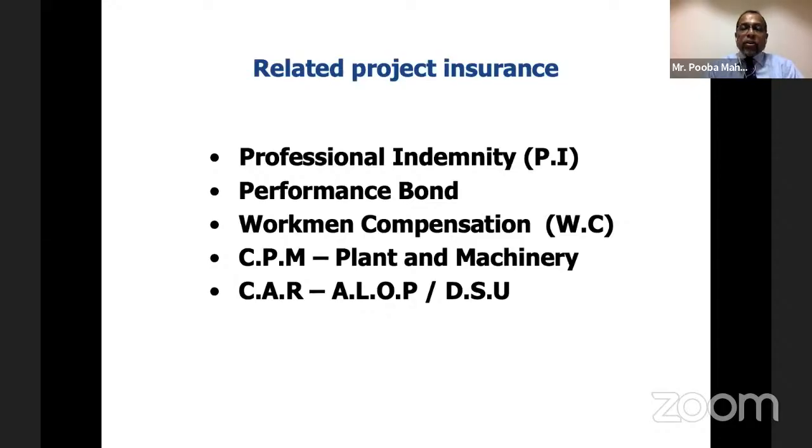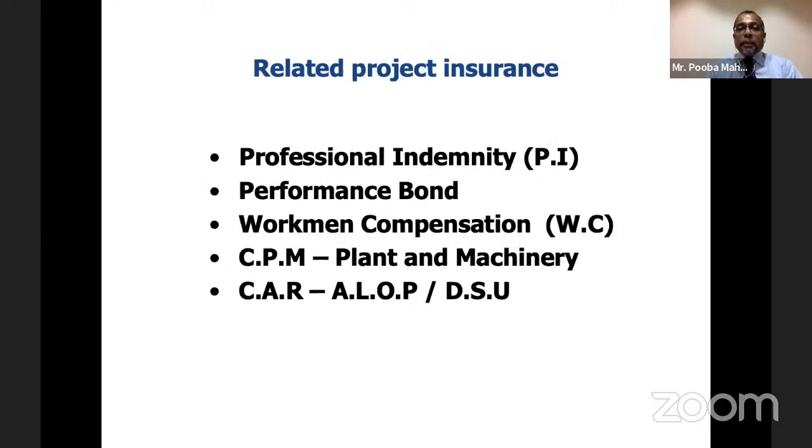Then there's workmen's compensation, WC, which workers need to have. Again, it's a responsibility of the main contractor to arrange the WC. Sometimes subcontractors can also arrange the WC for their respective scope of work.